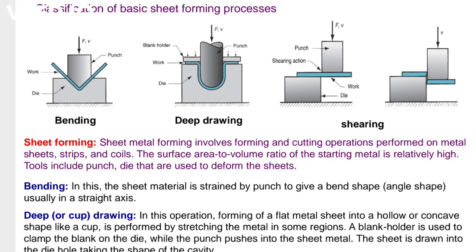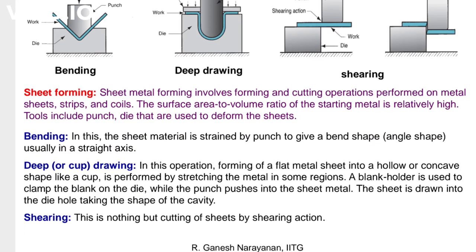Then shearing. The punch is given with force F and velocity V. Shearing action is done on the sheet workpiece. Then shearing is shown in the next figure with velocity V. Sheet forming involves forming and cutting operations performed on metal sheets, strips, and coils.